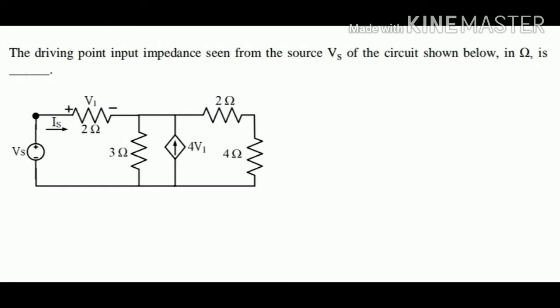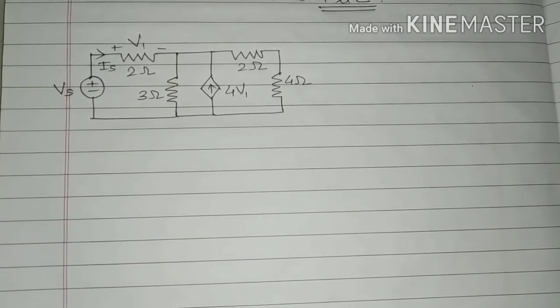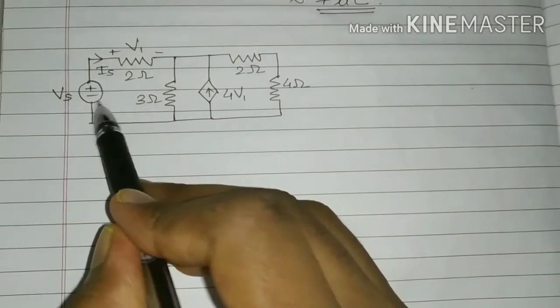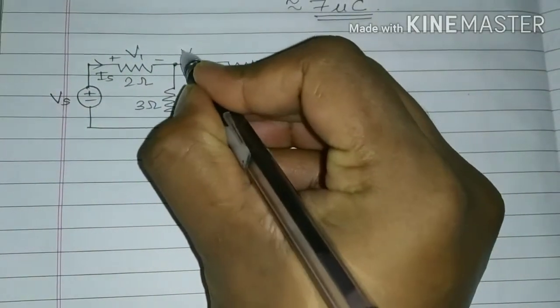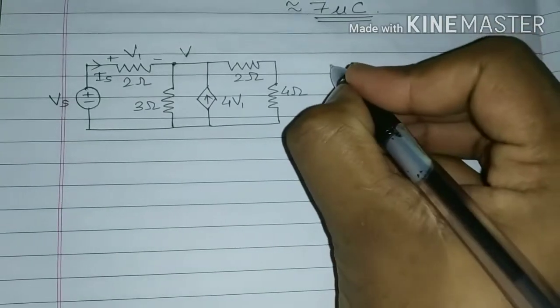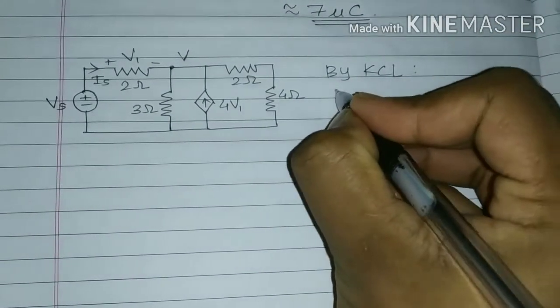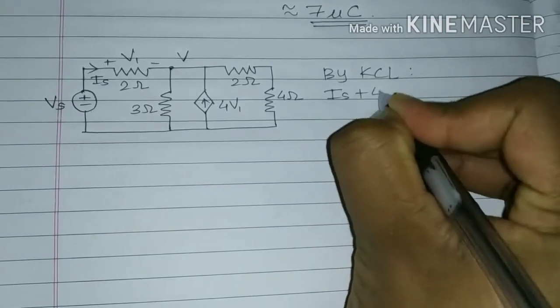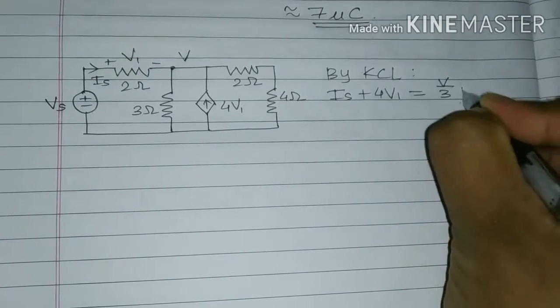In this question, we have to find out the driving point input impedance of the circuit. Driving point input impedance is the impedance as seen by this voltage source Vs. Now let's assume that the voltage at this node is V. By applying KCL, we get Is plus 4V1 is equal to V by 3 plus V by 6.